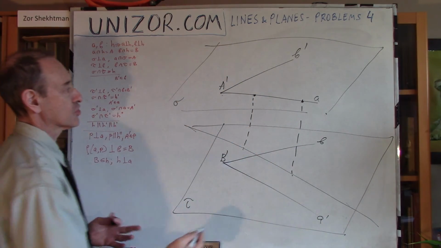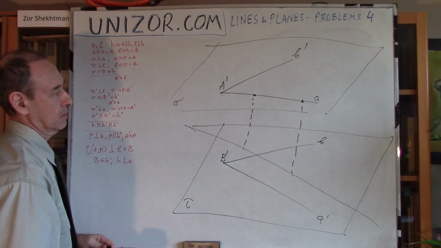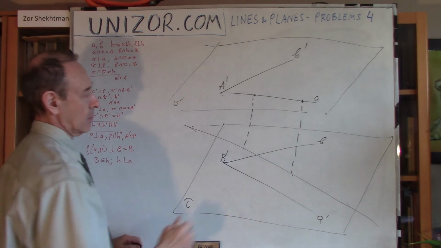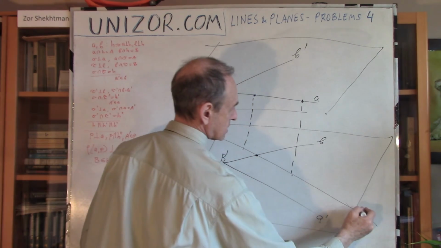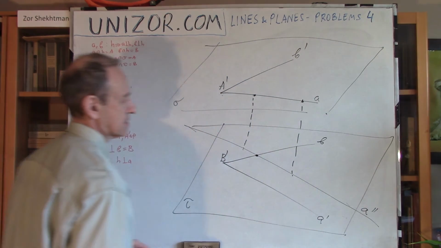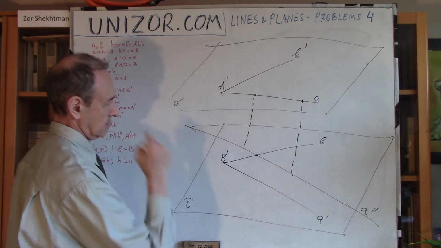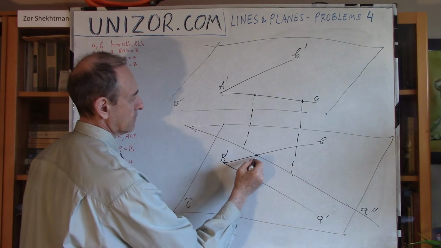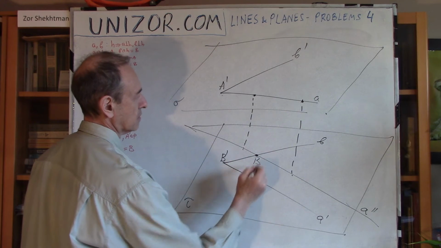That would be a projection of the line A onto the plane tau. So that's where they intersect. This would be, let's say, A secunda, A second. Now, let's call this intersection point B.